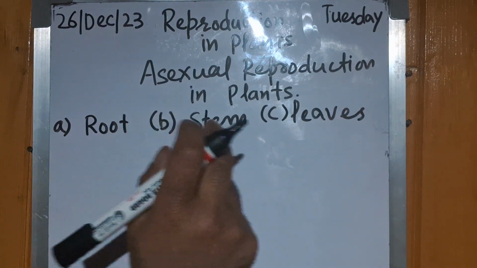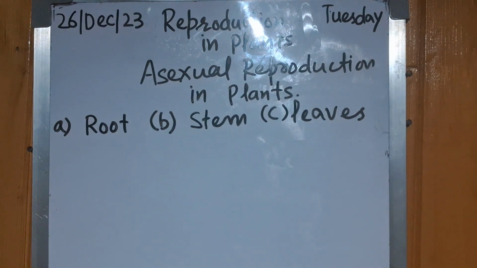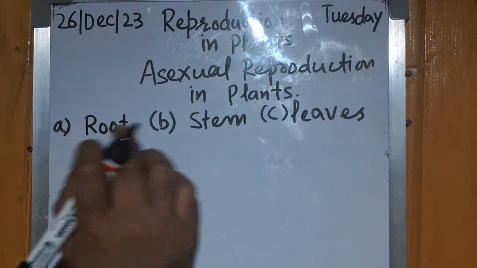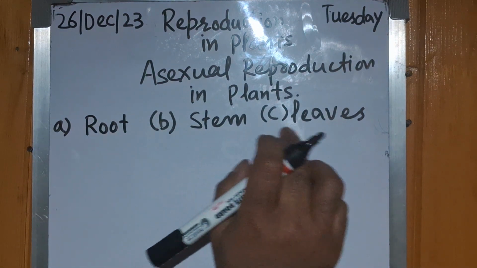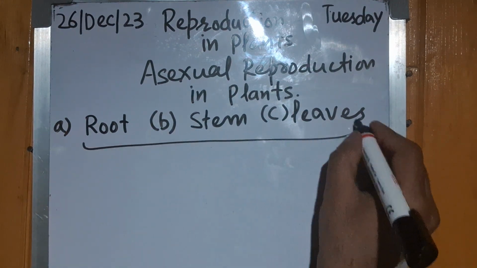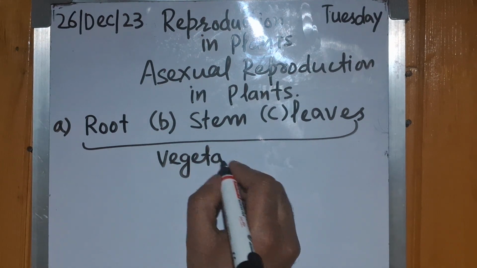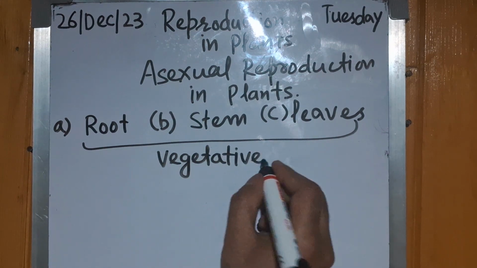When these parts of the plants are involved for the production of new plants, at that very moment they behave as vegetative parts.